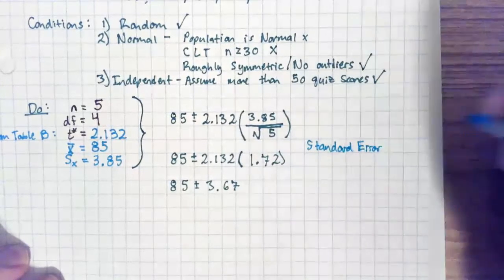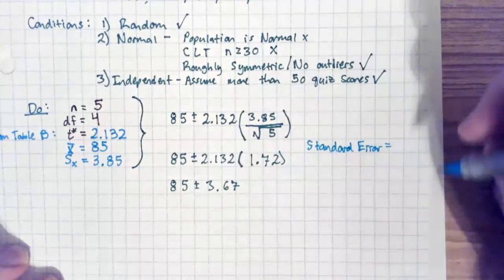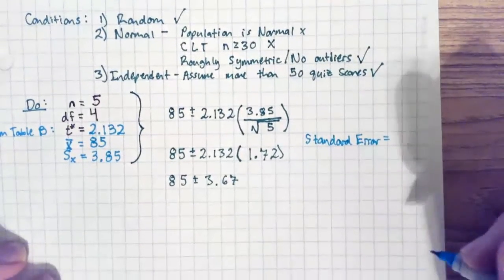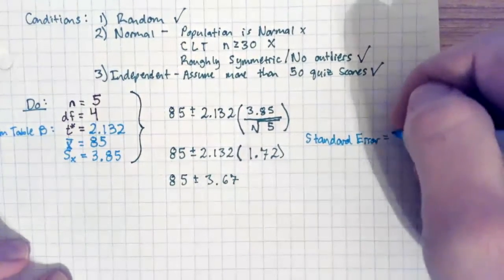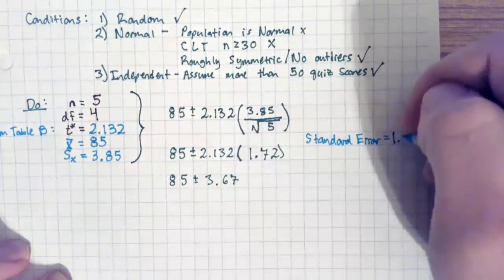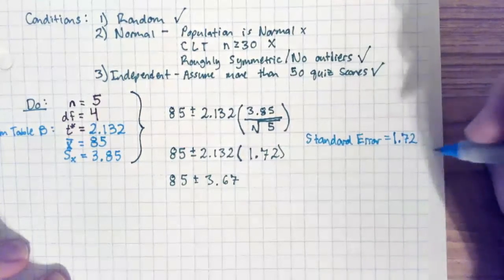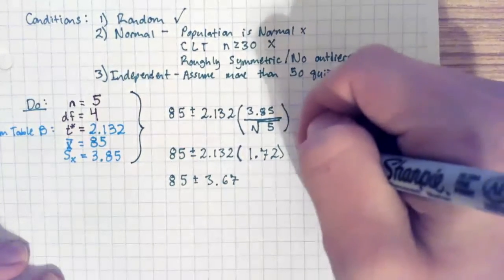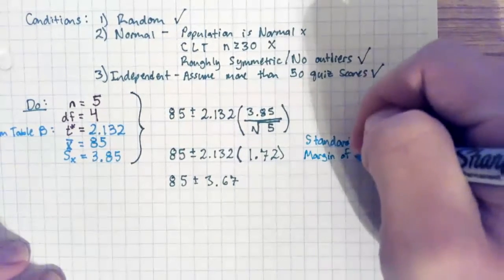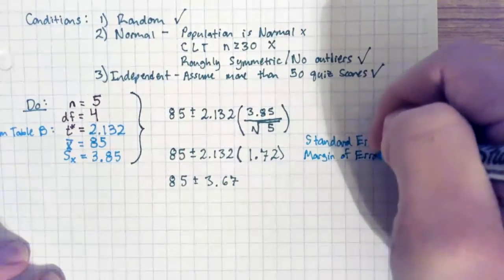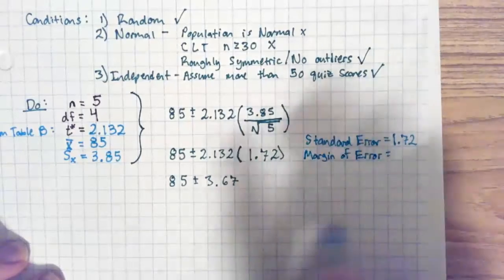And the standard error for our sample mean is 1.72. Then I'm also going to have you pick out and find the margin of error. Margin of error for this problem here is what we're adding and subtracting. So the margin of error is 3.67.